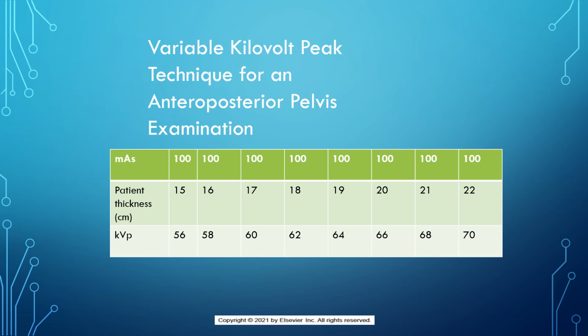Not necessarily ideal. I can see for sthenic habitus or hypersthenic habitus, at the far right of the chart, 100 mass might be appropriate for this particular technique. But surely if the hypersthenic habitus is 22 centimeters thick and we've lost about 7 centimeters, we could achieve some dose savings if we scaled the mass down rather than scale the KV down.